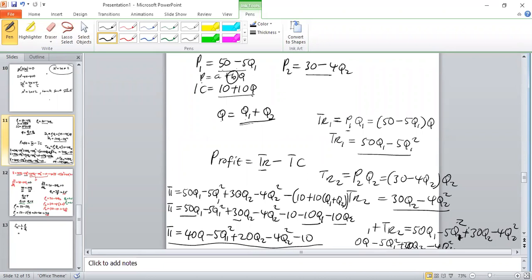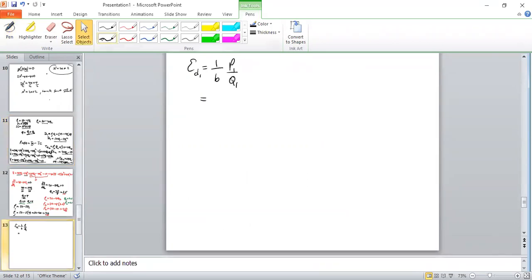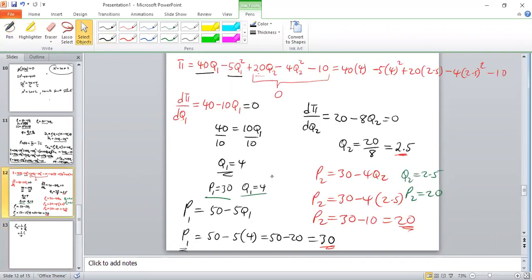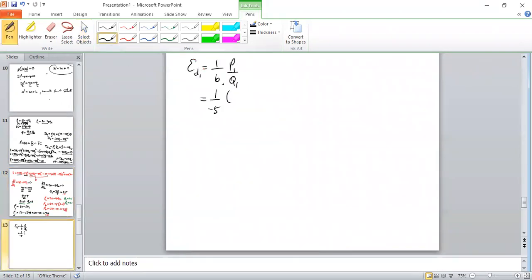So the one that's attached to Q is your B, which is negative 5. So you're going to have 1 over negative 5, then P is the one that we computed, P1, which is 30, and Q1 is 4. So we have 30 over 4, and that will be 30 over 20, and this is negative 1.5.